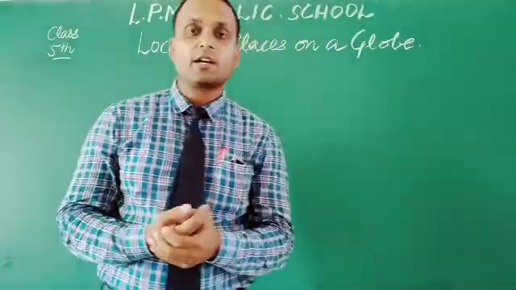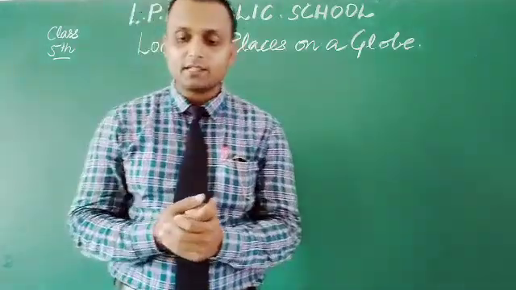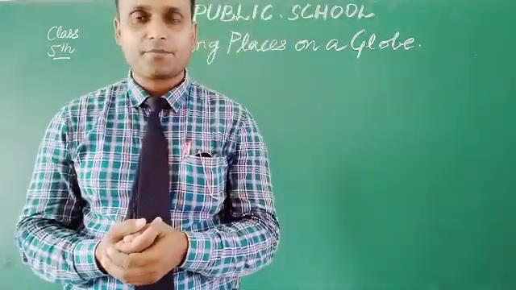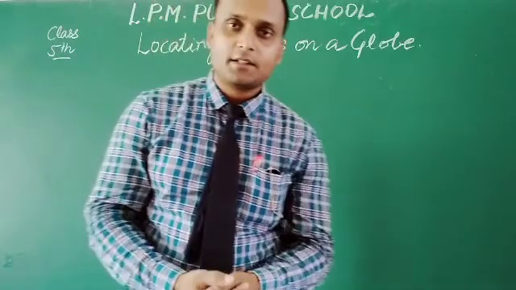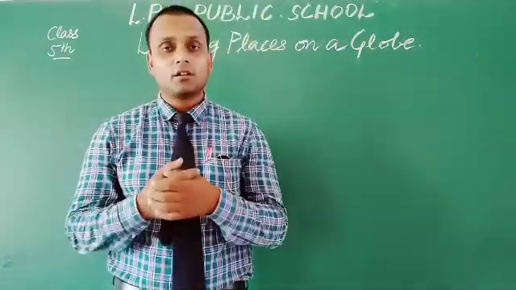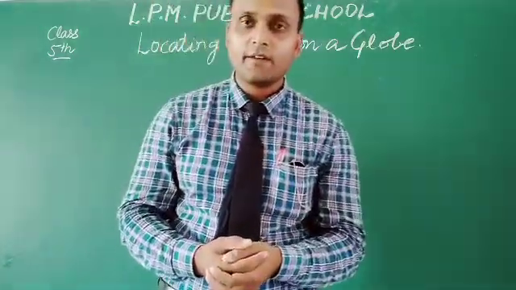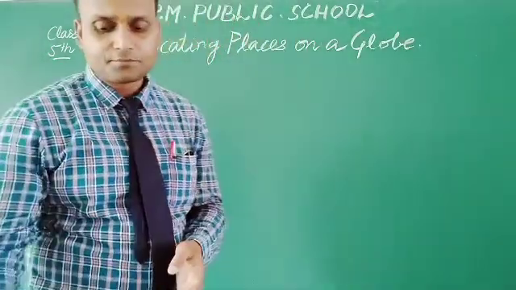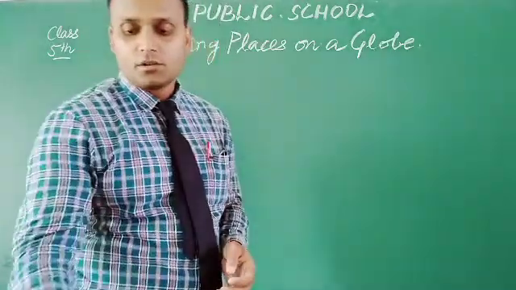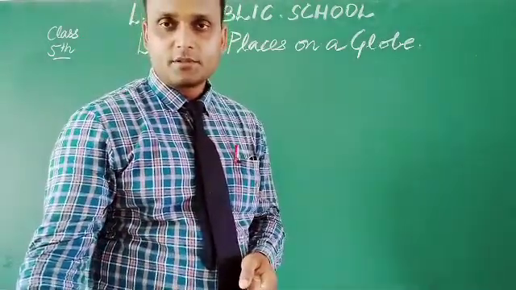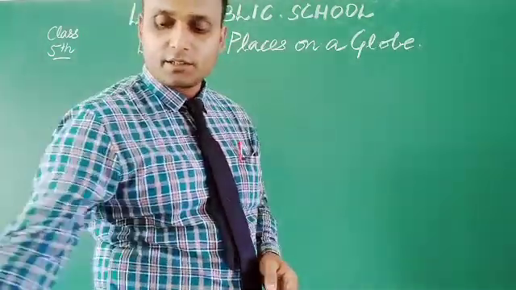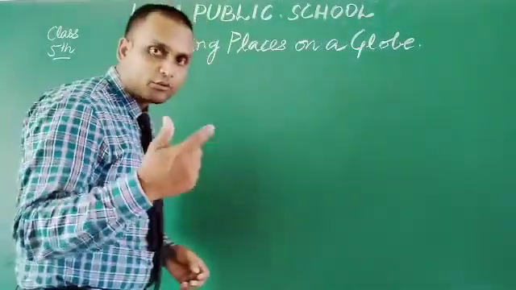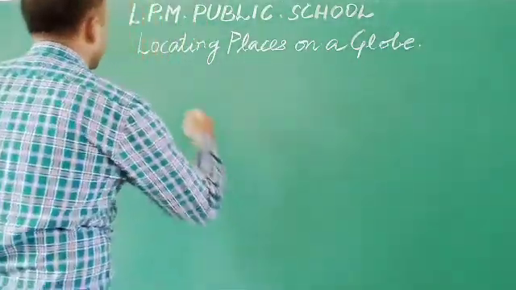After that, we also read the International Date Line, that is IDL. This is an important longitude line, and we can also call it a meridian line. Now, the global grid. This point we are going to cover in this video. After that, we are going to complete the summary of this chapter.